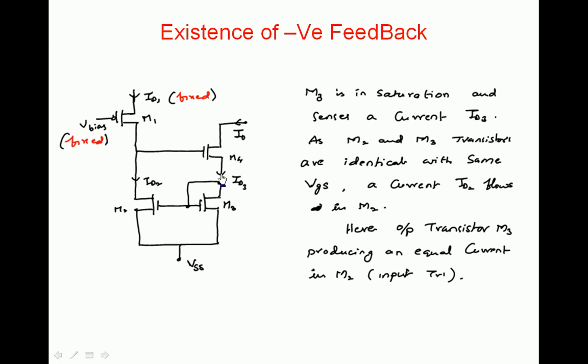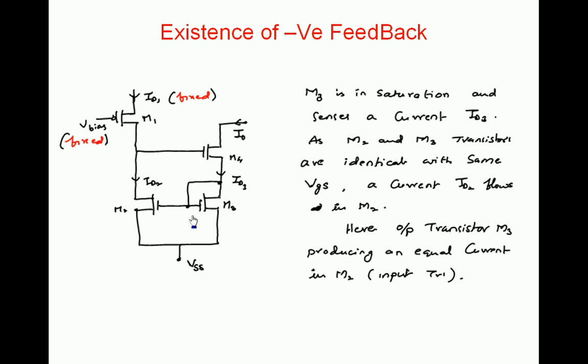ID3 comes on the output side whereas ID2 comes on the input side. So now the output current is influencing the input current. Whereas previously, if you look at the cascode current mirror, the diode connected transistor is on the left side, that is the input side, and the output side has simple transistors. In this case the diode connected transistor is on the output side, so it senses the actual current and makes a mirror current on the input side.